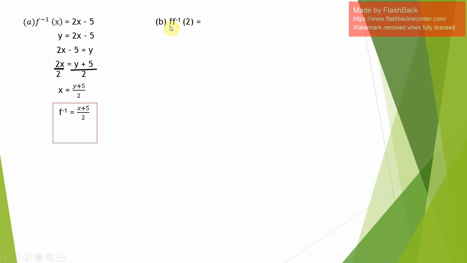In short, they're saying f inverse. Now, what is the difference? Why are they saying f inverse of 2? We cannot find f inverse of 2 without knowing f inverse of x. Why do we say so? Look at what I'm saying. Here I've tried to combine two functions, because I cannot find f inverse of 2 without knowing f inverse of x.